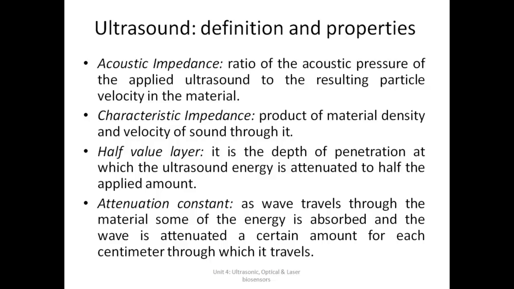Then, when we are talking of acoustic pressure and all that, this becomes a somewhat complicated quantity. So a simpler quantity was defined, called characteristic impedance. This is the product of material density and velocity of sound through it. Any material you take and propagate a sound wave through, the product of the velocity with which the sound is traveling and the material density gives you the characteristic impedance.